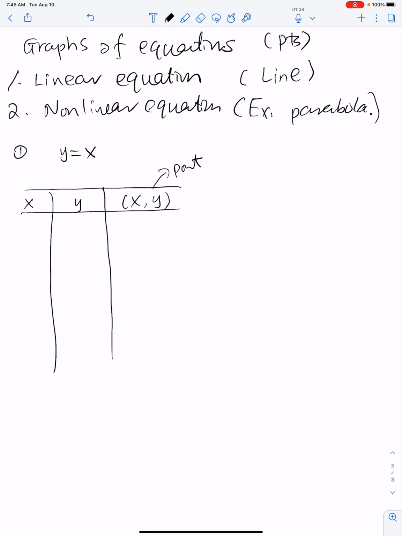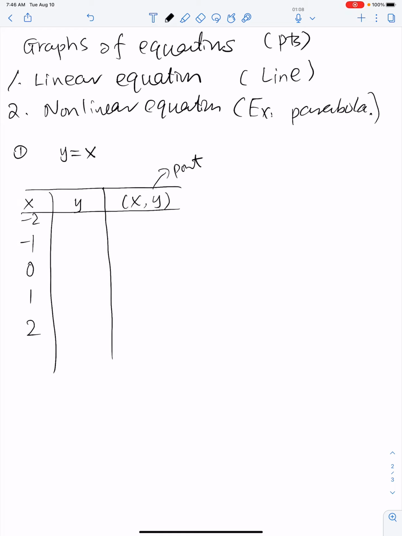You can choose any x values that you like. Typically, we want 5 points. What are the easiest numbers to choose? 0, 1, 2. And typically we also want negative numbers to see what is going on. So -2, -1, 0, 1, 2.